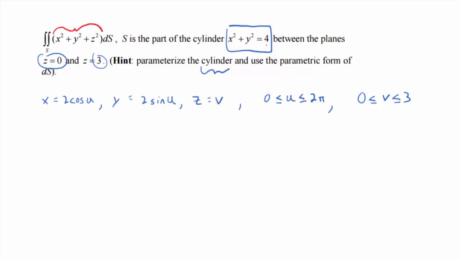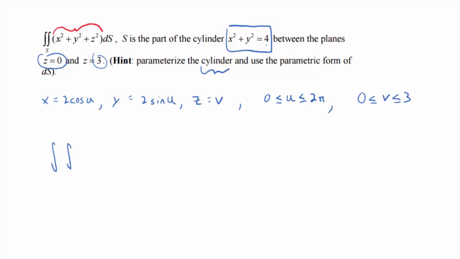Once you get used to it, it's almost more straightforward to do things in parametric coordinates. I don't want to say easier because it's not. It's more straightforward because your x, y, and z are in terms of the parameterization. So if you're going to actually evaluate this, let's take it that far. It's the integral.